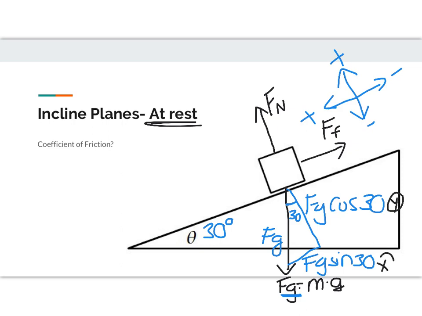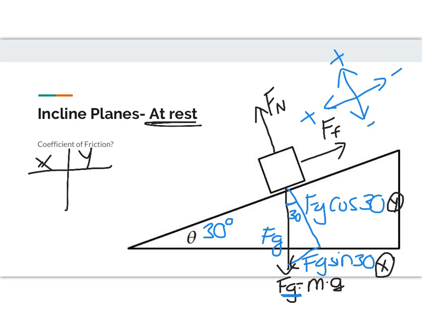Okay? Now, I have to break up this force of gravity. Think about for a second to yourself why. Because my coordinate plane is also at an angle. All right, so let's make my x and y chart here. Okay, so on my x and y chart, in the x direction, in the positive, I have that mg sine 30.